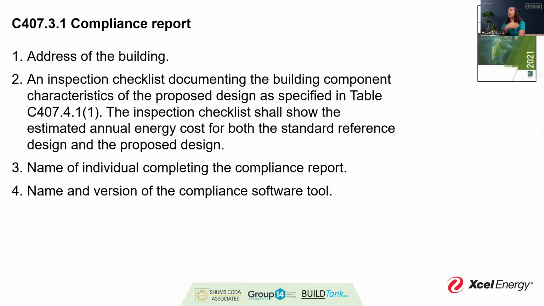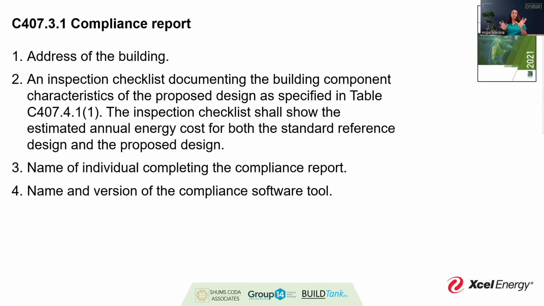So when all that is said and done, the information that's provided is we have to have a compliance report. Now, you'll recall that in the past, I talked about the residential side. The residential side has to have a report at the plan review submittal, and then also has to have one that's verified.